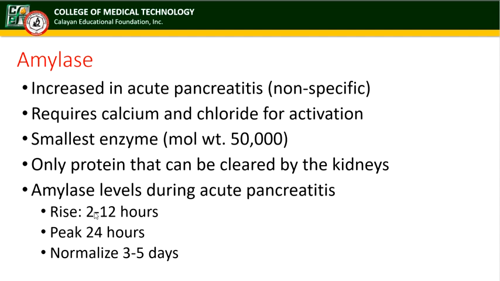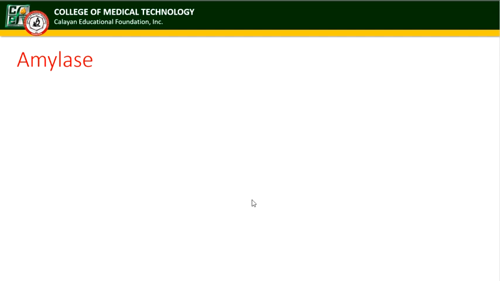Request it within 2 to 12 hours, that is still the rising period. At 24 hours, that is the peak rise of amylase. So when you test at 24 hours of onset of the pancreatitis, that is where you will detect the highest level of amylase. Then it normalizes within 3 to 5 days.